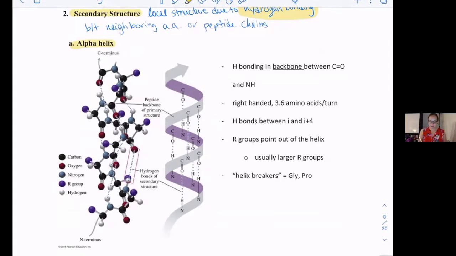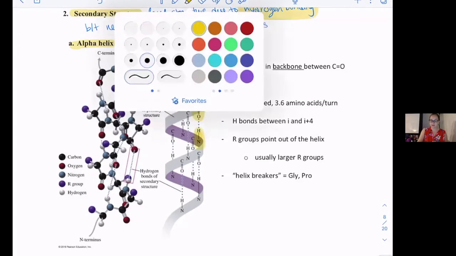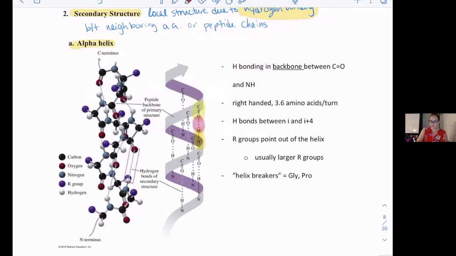It's a little hard to tell what's going on in the actual molecule 3D representation here on the left, but what this is showing is that you have, let's keep the yellow, the carbonyl from one amino acid has a hydrogen bond with the NH. So hydrogen bond in red or pink, whatever you decide that color is.